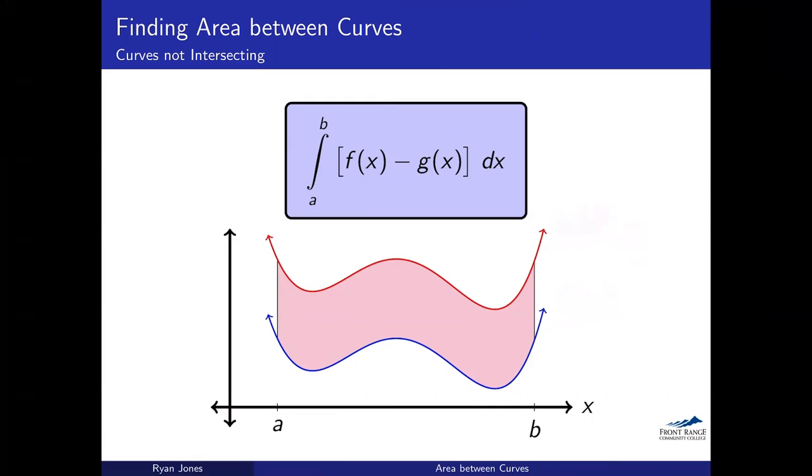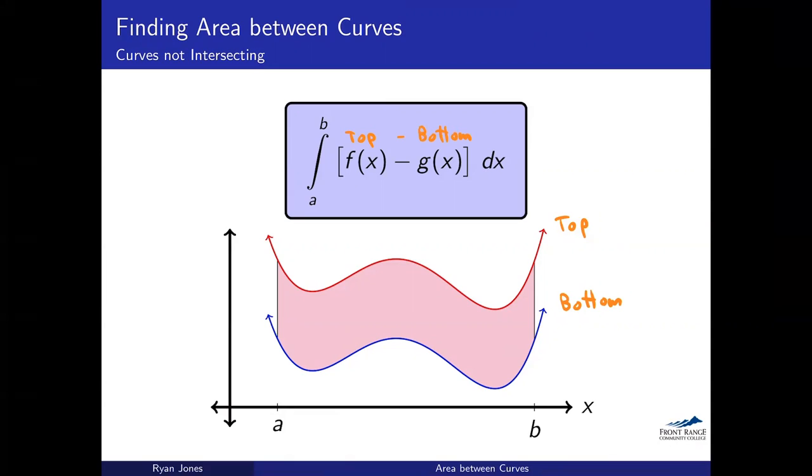So really the naming of our functions is not important. We just want to make sure that we're always doing top minus bottom. When we do these integrals, we have to deal with what's on the top and what's on the bottom. So the naming of F and G isn't that important.